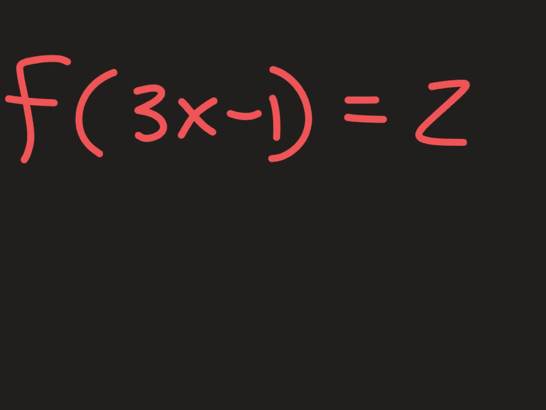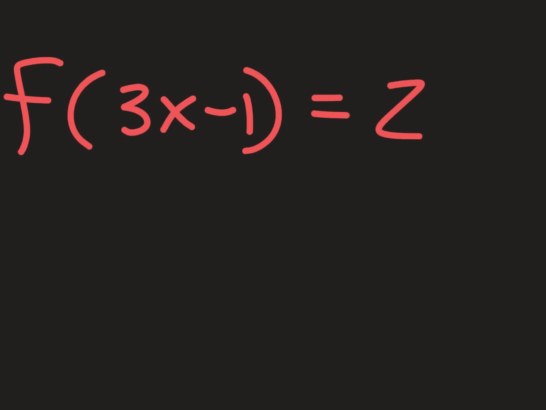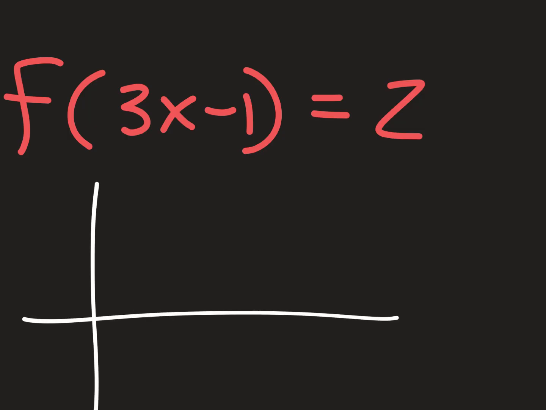So let's say that I told you that the f function is represented by this little graph. And for sure, I want to tell you that this little graph goes through the point 3, 5.